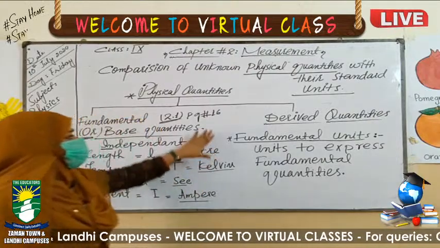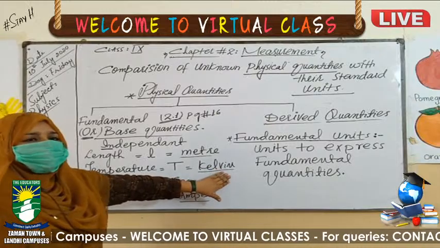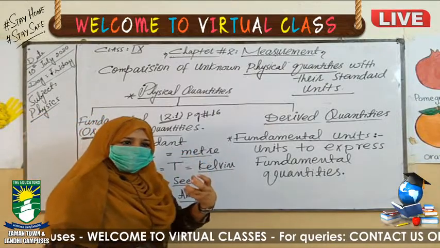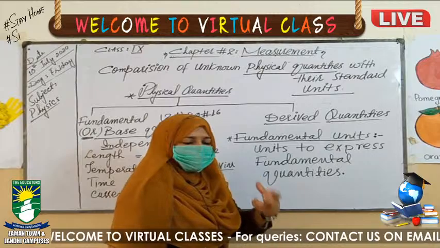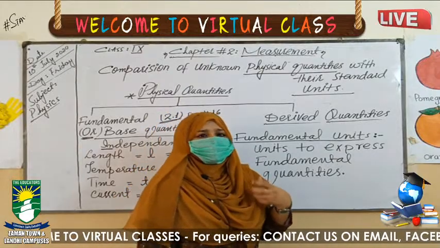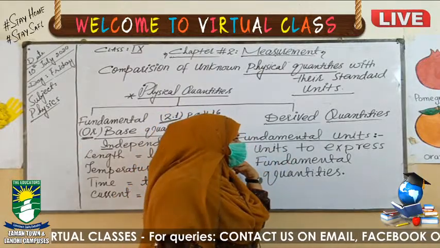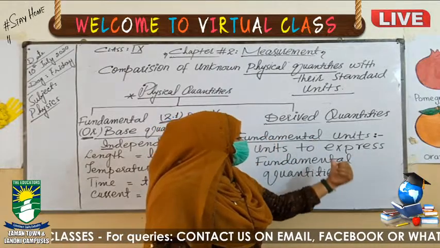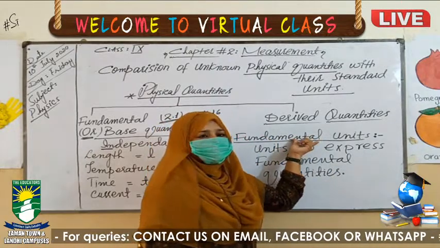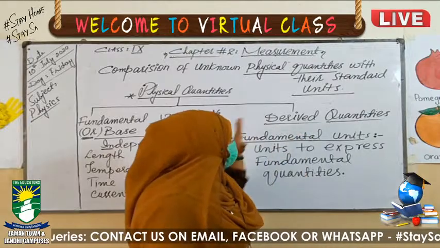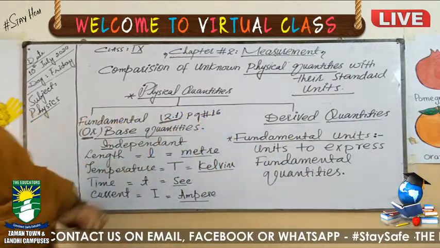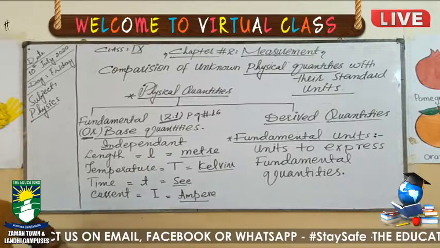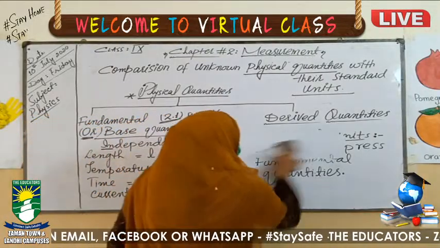So fundamental quantities are basically the physical properties of any material, any object, or any substance. To measure these fundamental quantities, we have some particular units which are known as fundamental units. The table for fundamental quantities is on page number 16, and the table is 2.1.